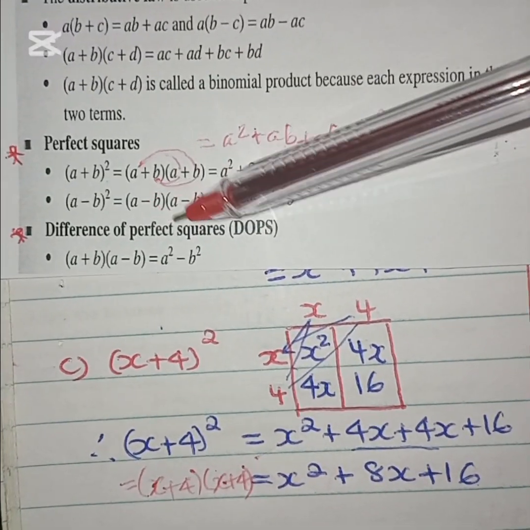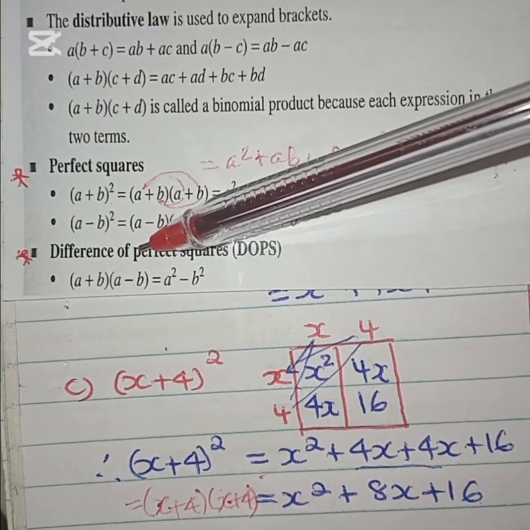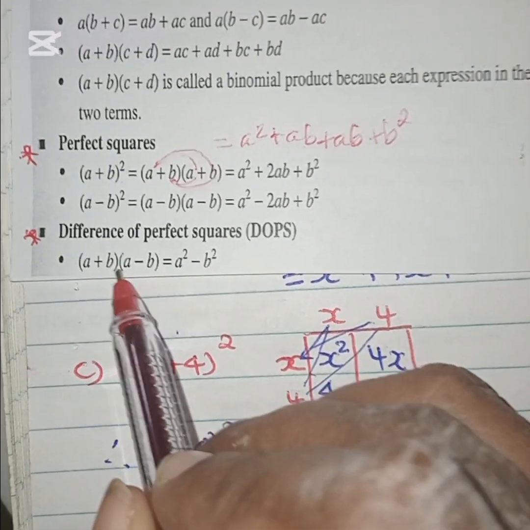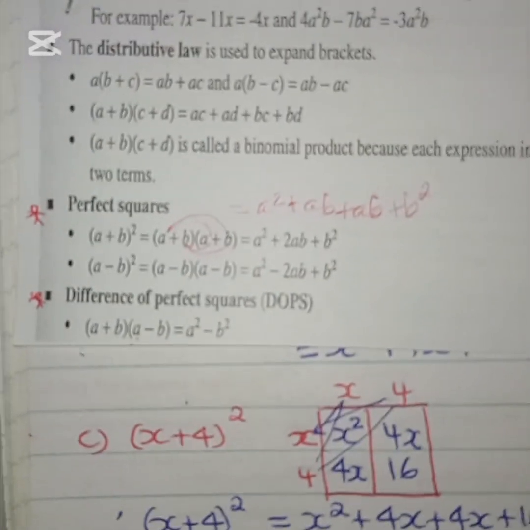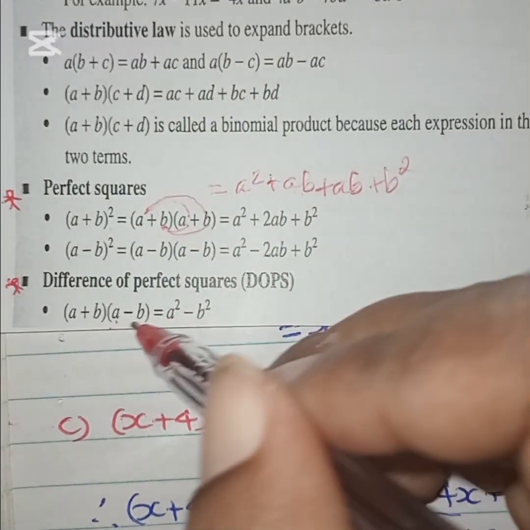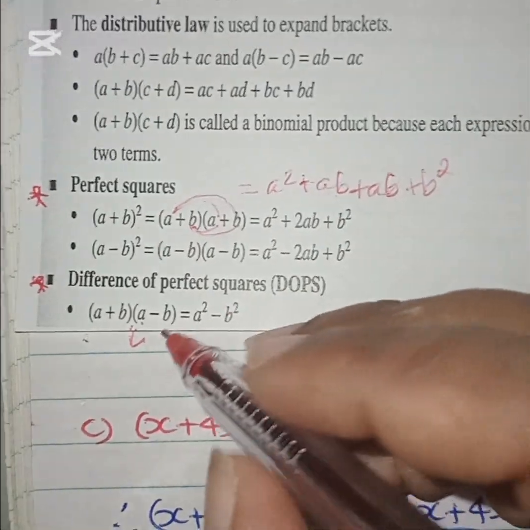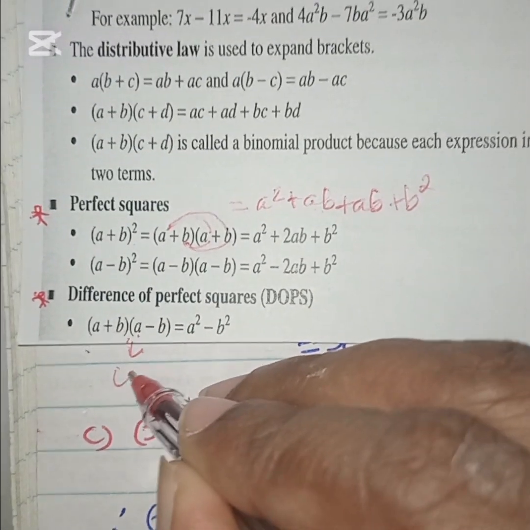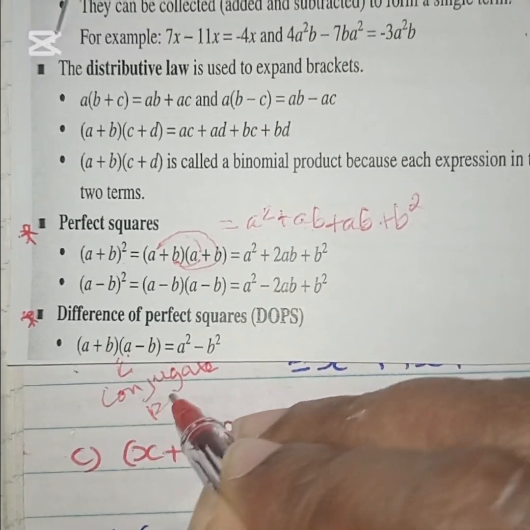Now let's see difference of perfect squares. This will come from when you expand brackets that contain conjugate pairs like this one: a plus b times a minus b. This pair is called a conjugate pair.